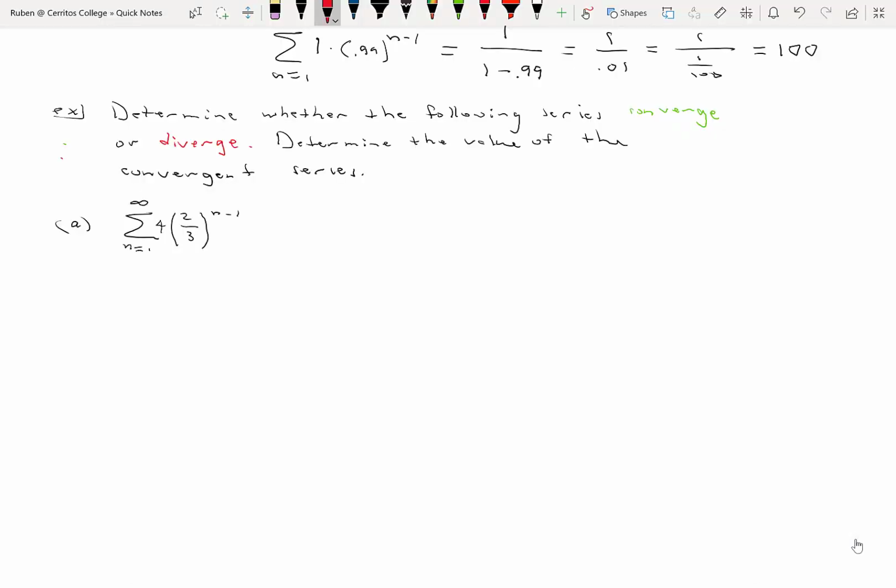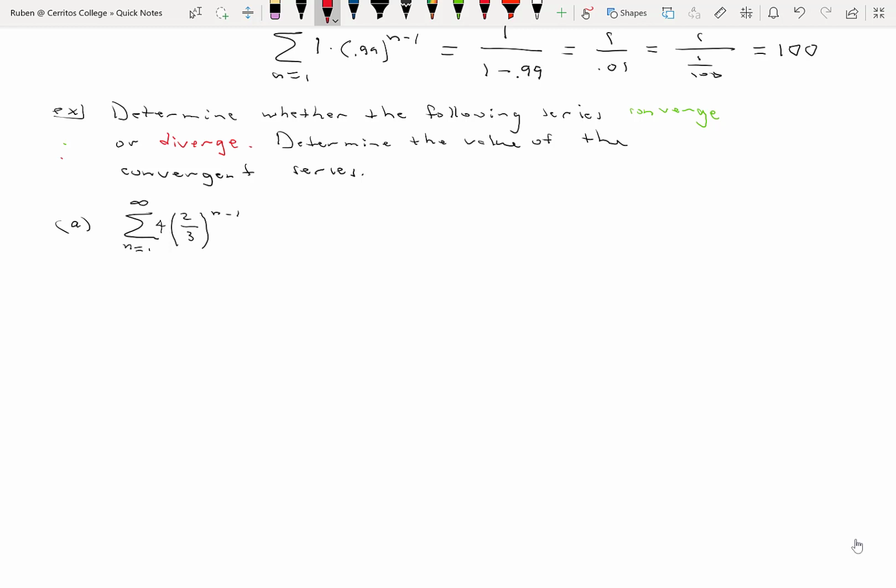Okay, let's take a look at another example. The directions are to determine whether the following series converge or diverge, and determine the value of the convergent series. For most of our work, up until maybe the last week or week and a half of our semester, we're going to be interested in the first part of this problem: simply determining whether a series converges or diverges.